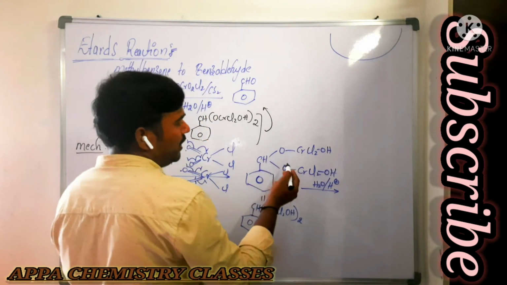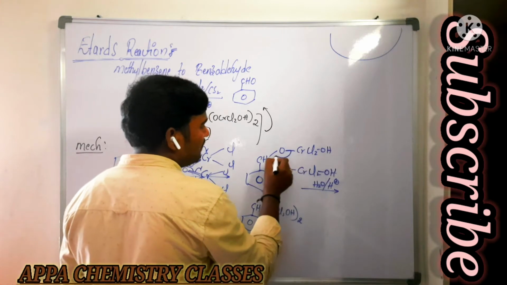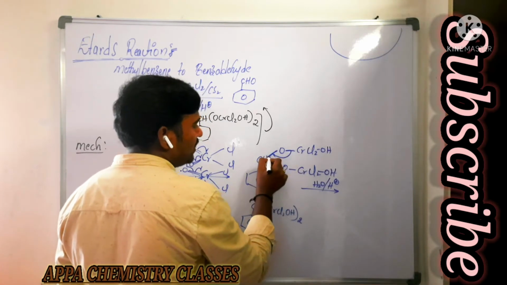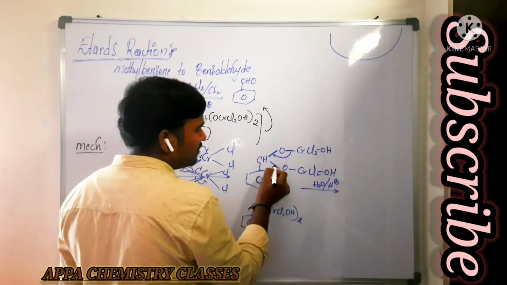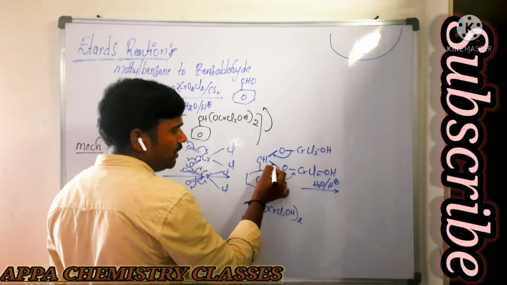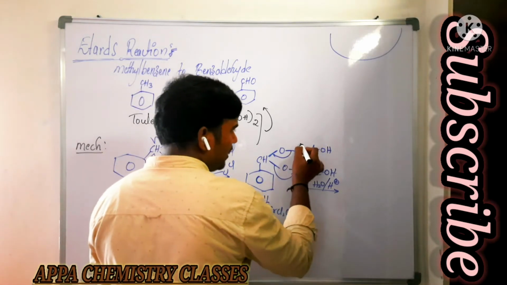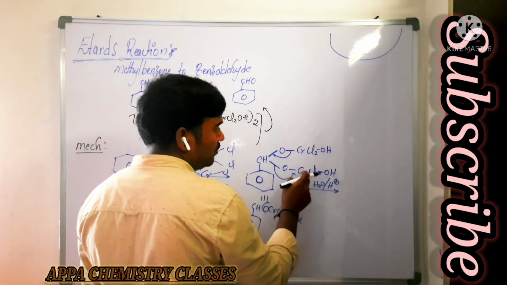Now the bond breakage takes place. This bond is shifted between the carbon and oxygen; the pi bond is completely shifted onto this oxygen. Then we get a plus charge, a chromium complex.